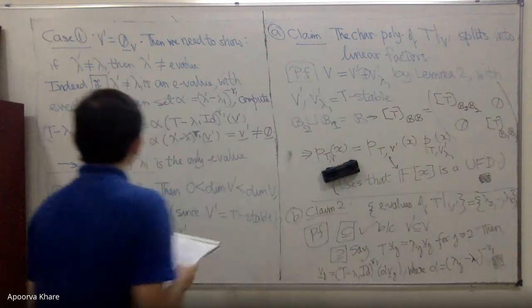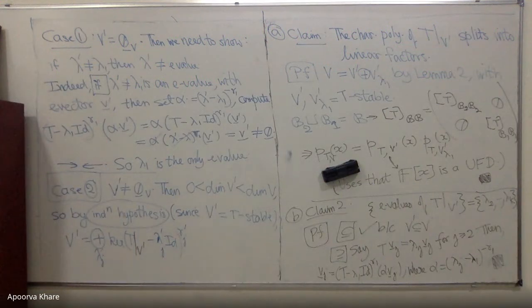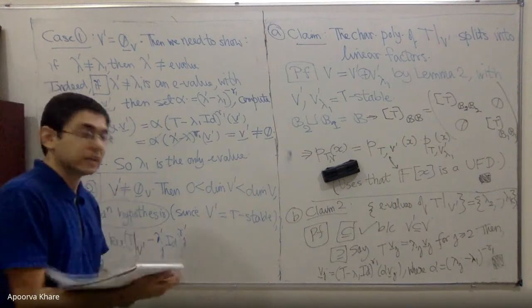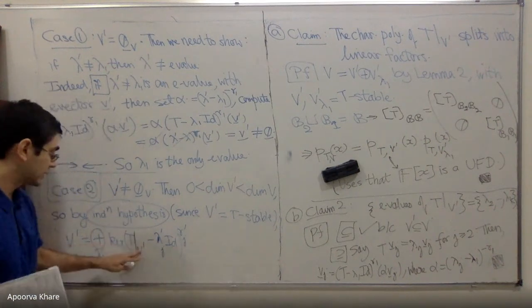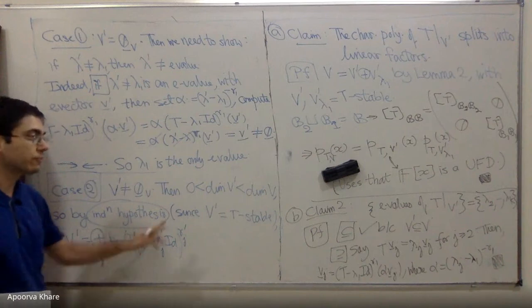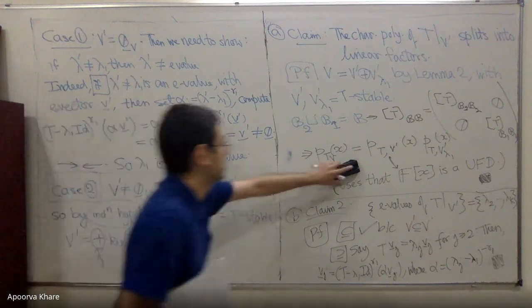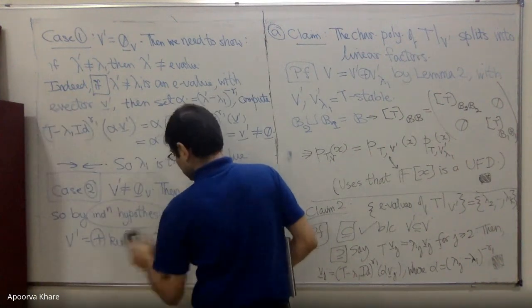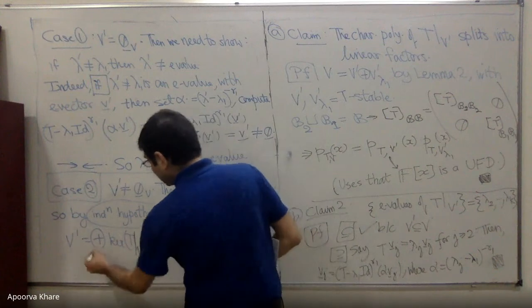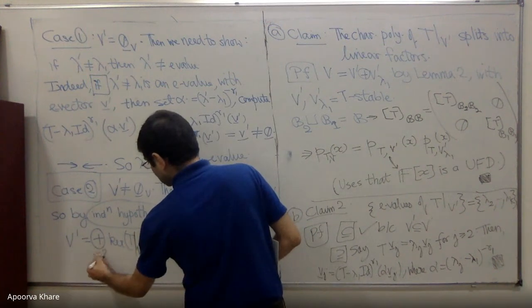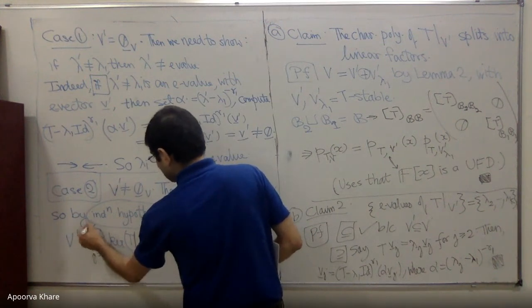Okay, these are the small claims. Remember, we want to prove that the entire space V is the direct sum of such things. For now, what we have proved is that the eigenvalues here are exactly lambda 2 through lambda k. So you might as well just say j equals 2 through k. Everything here is good.